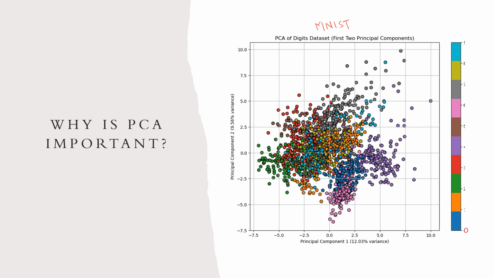So I'm having 10 different digits, that is 0, 1, 2, 3, 4, 5, 6, 7, 8, and 9. All of my digits are represented by these colors. So we are having a total of 10 clusters in this output corresponding to each digit present in my data set.